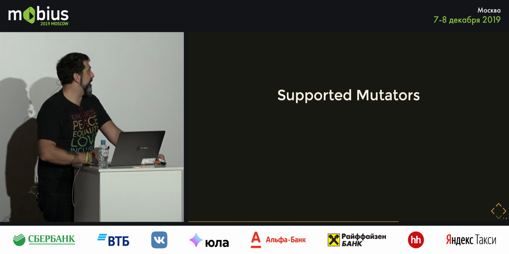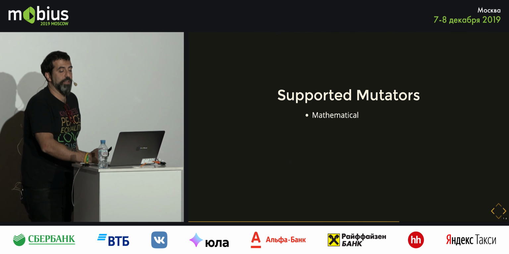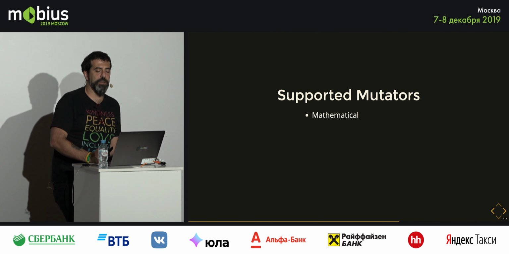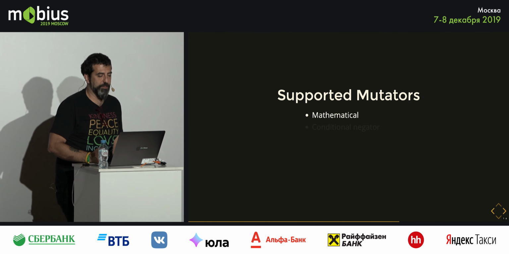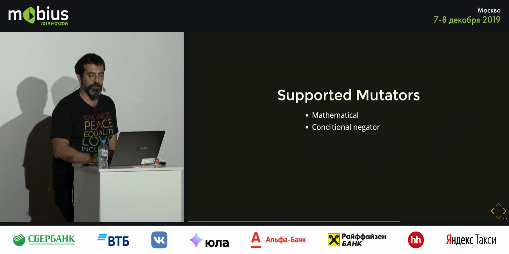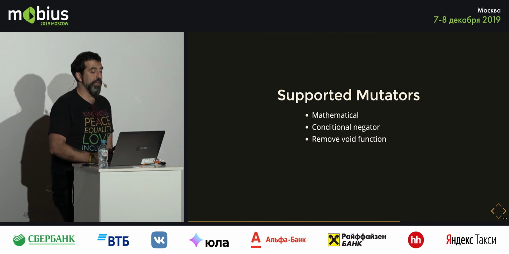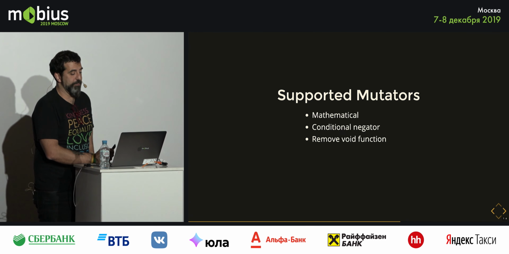And it has a lot of interesting mutators. It has mathematical mutators, basically addition, subtraction, multiplication, division can be flipped between each other. Conditional mutators: everything that is less than, greater than, equal can be flipped. Remove void function. This is one of my favorites.